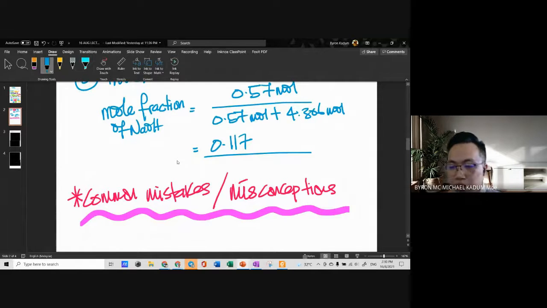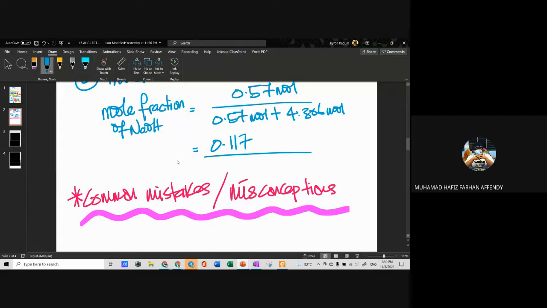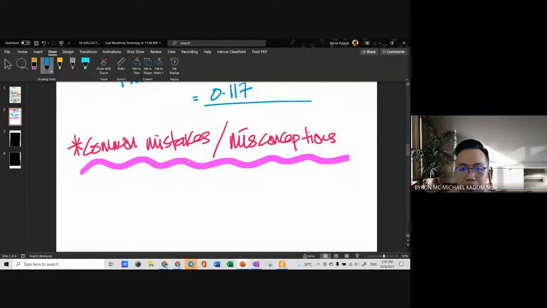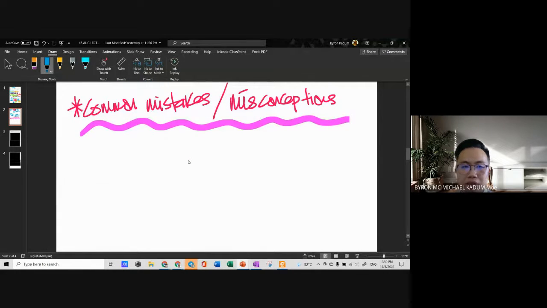Misconceptions. What do you think the misconceptions that you might be able to encounter in this type of question? Any ideas? Ataupun common mistakes? Ada satu tadi kita ada sebut awal-awal tadi. Gram to kg. Yes. One of the common mistakes, I'm going to do this very slowly, right? Okay.